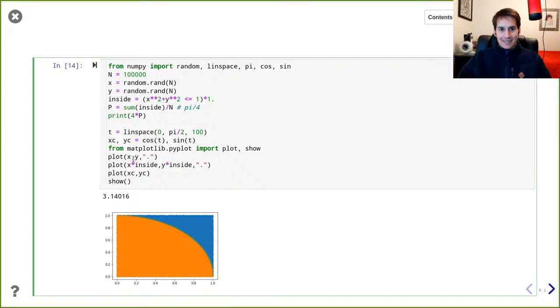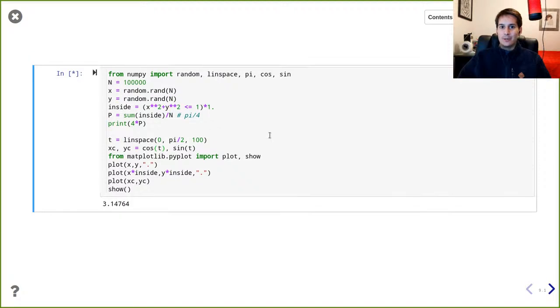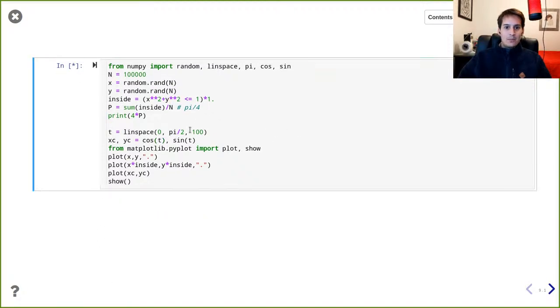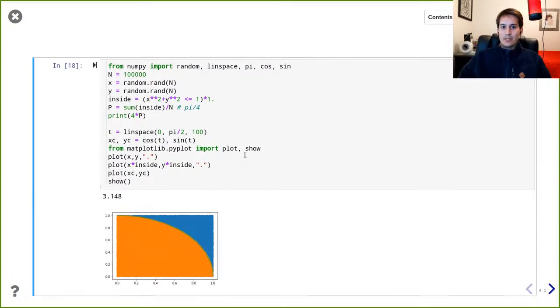It seems that the first time I ran this with a lot of points, it gave almost exactly pi, but now it's not giving a good approximation. This is obviously random, so every time I run it, it will give a different number. But yeah, that's a way to approximate pi, and this also works to approximate integrals.